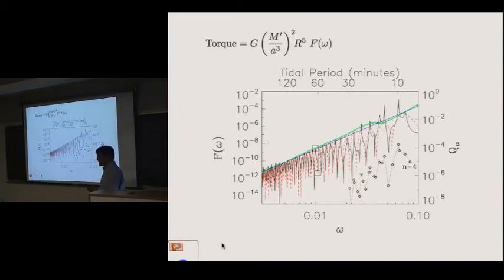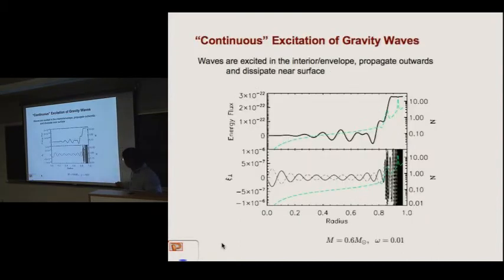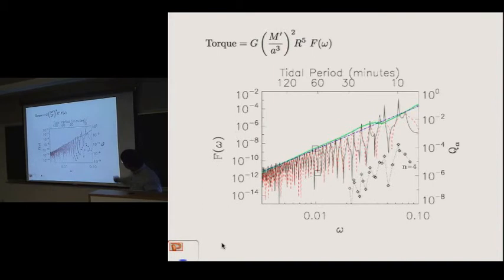You can actually derive some of these things, some of the dashed line, analytically. But this solid line is the numerical calculation solving this inhomogeneous wave equation. So the precise width doesn't matter too much.